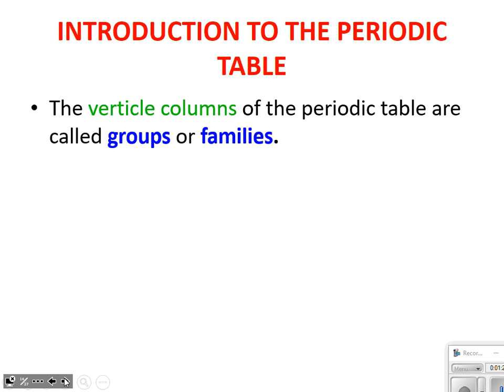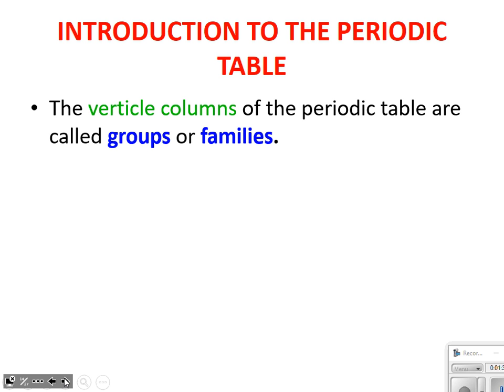Sometimes these groups or families have special names. We'll talk about alkali metals. We'll talk about alkaline earth metals. So sometimes they have specific group names.